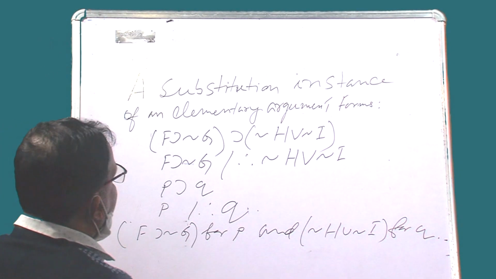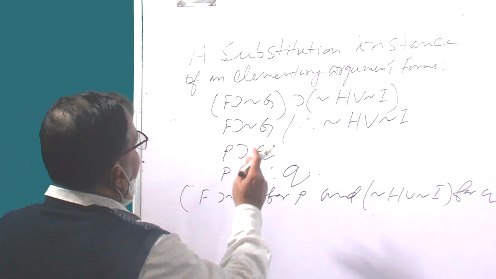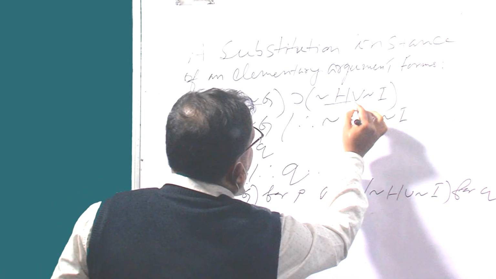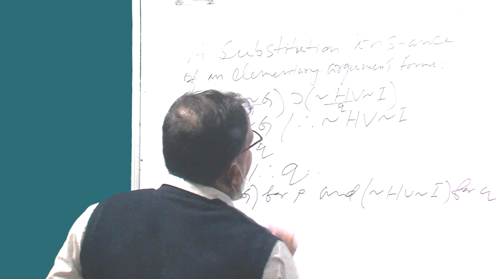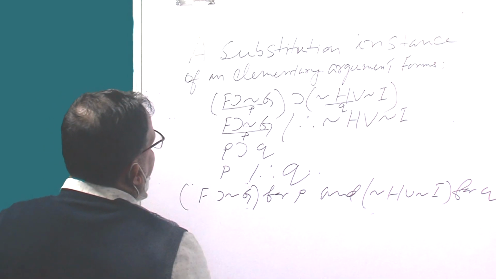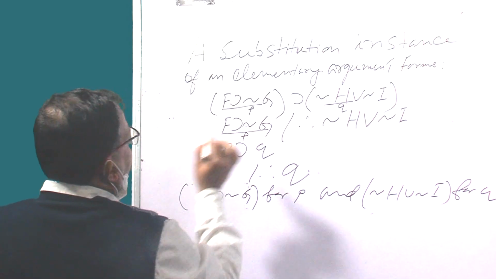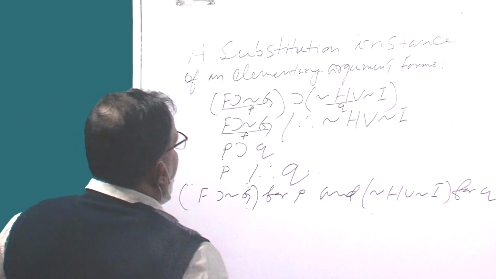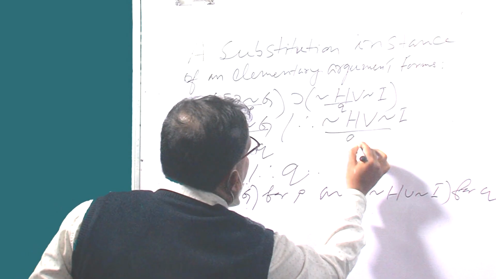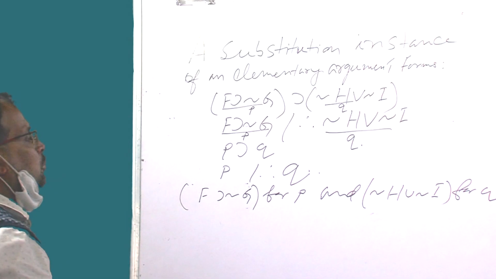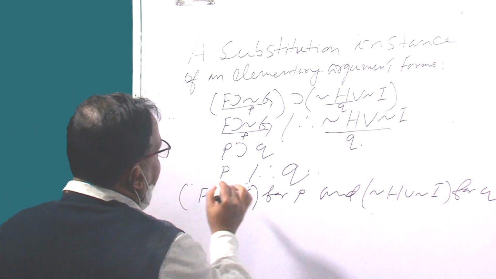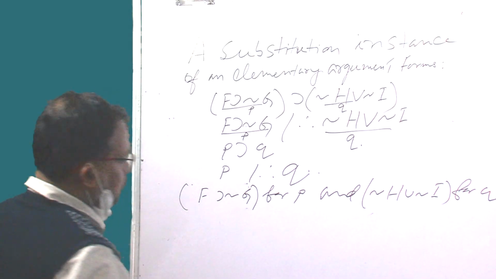So now you see, dear learners, if we take P and Q for H implies negation I, then this is P for F implies negation G. So the result will be Q. So this is a formula from P implies Q, P, therefore Q.